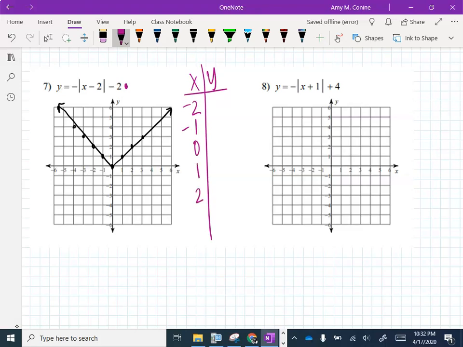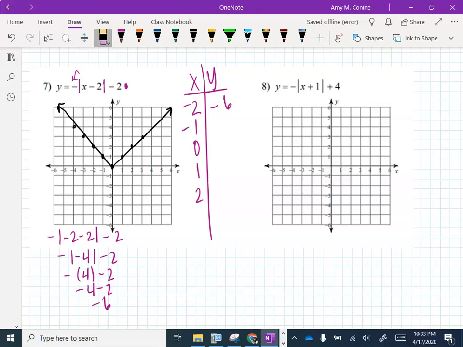So plug in -2. This becomes a -4. The absolute value changes it to positive, but we have this minus sign out front now. So we now have a -4. So this is what I'm looking at. This absolute value changes it to positive, okay? But because there's a minus out here, you now have a -4, which gives you a -6.